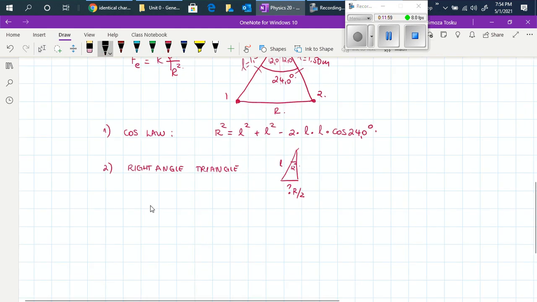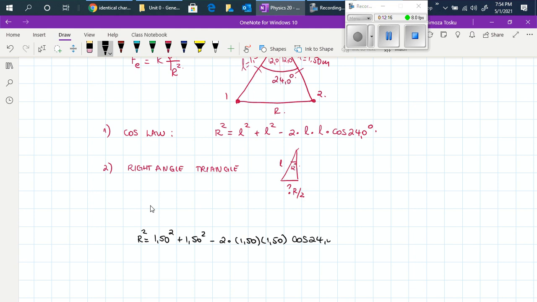So R squared will be 1.50 squared plus 1.50 squared minus 2 times 1.50 times 1.50, which I said is 1.50 squared, times cosine 24 degrees. Do not forget that the mode of your calculator has to be on degrees, and R squared will be 0.389 meters squared.